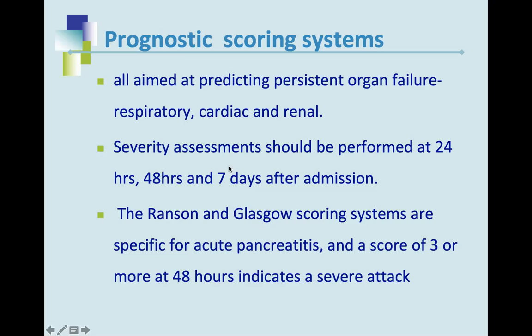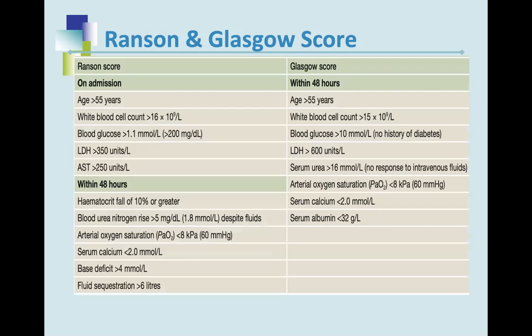They are performed at admission, within 24 hours, then at 48 hours and 7 days. If any score is more than 3, it indicates a severe attack of pancreatitis. That's why it's important to know, because then you become more vigilant to manage that patient.